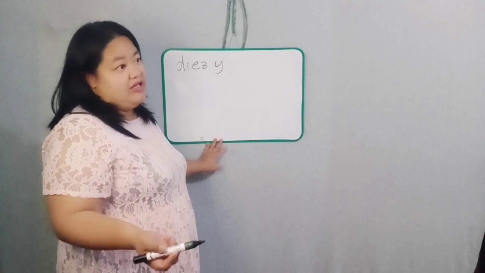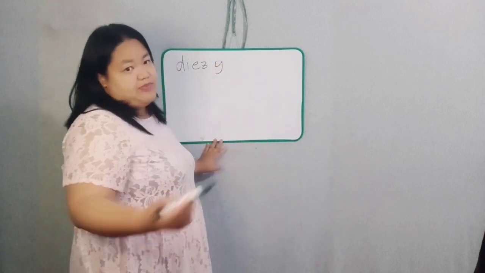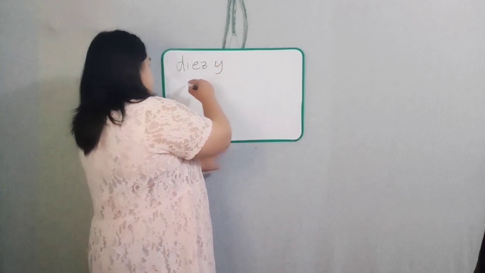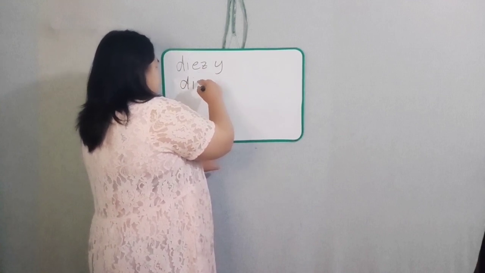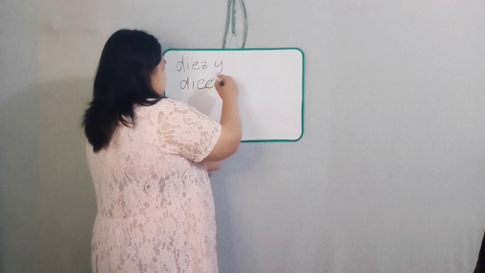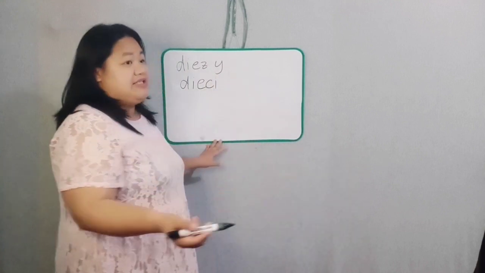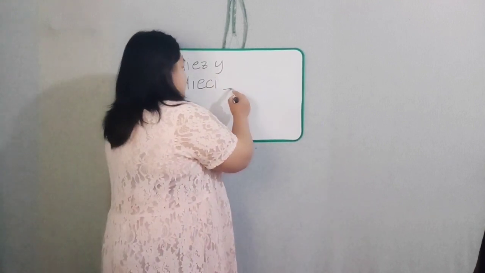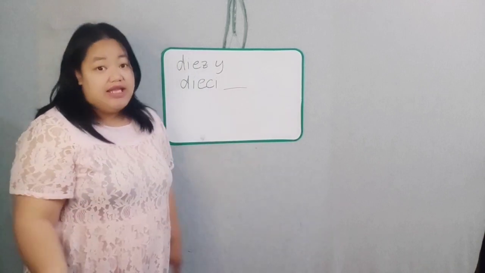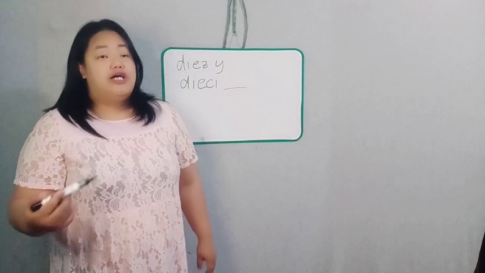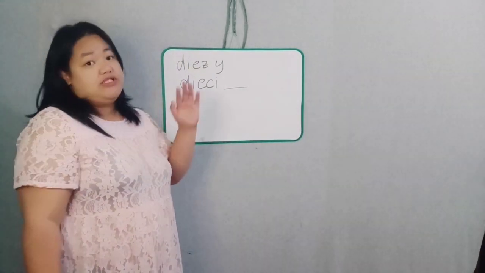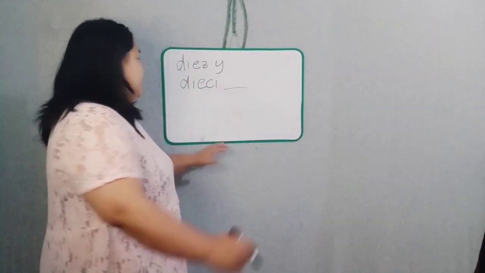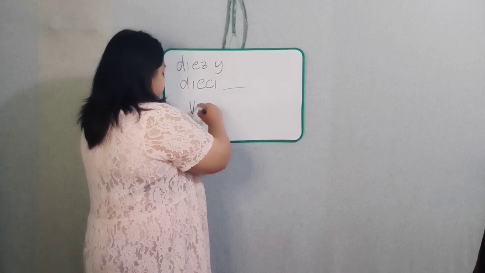So "and" in Spanish is the letter Y, pronounced "ee." So this becomes 16, diez y seis, then 17, 18, 19. Okay. So now that you have your 16 to 19, your 20 is veinte.